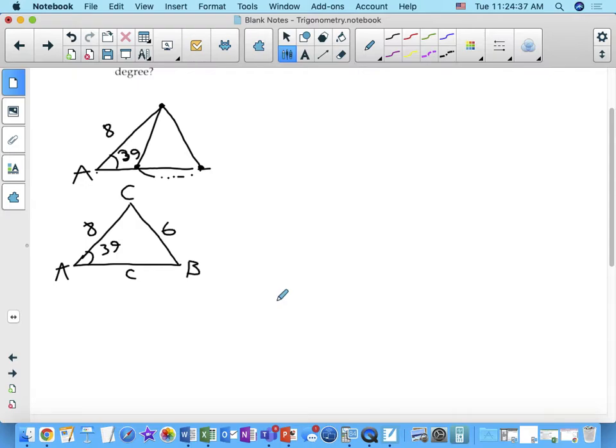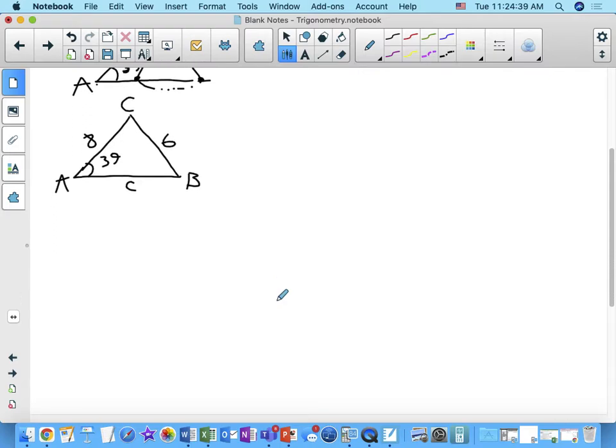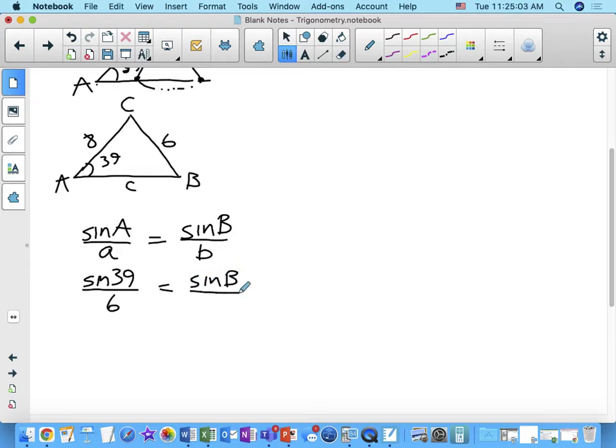And so I'm going to set up sine A over A equals sine B over B, and fill in what I know. I know that angle A is 39 degrees, and side A is 6. I don't know what B is, so sine B over 8.